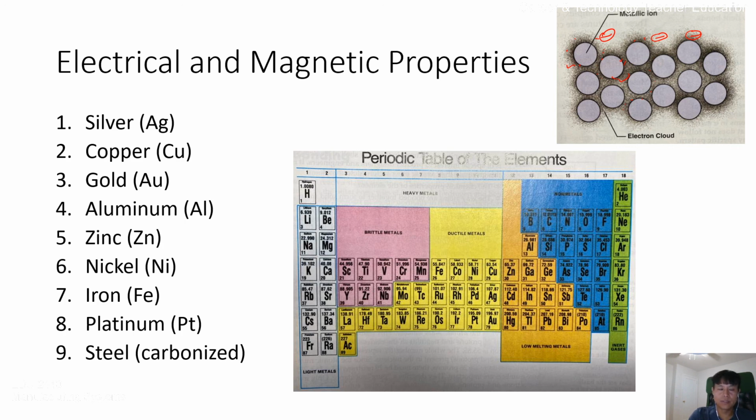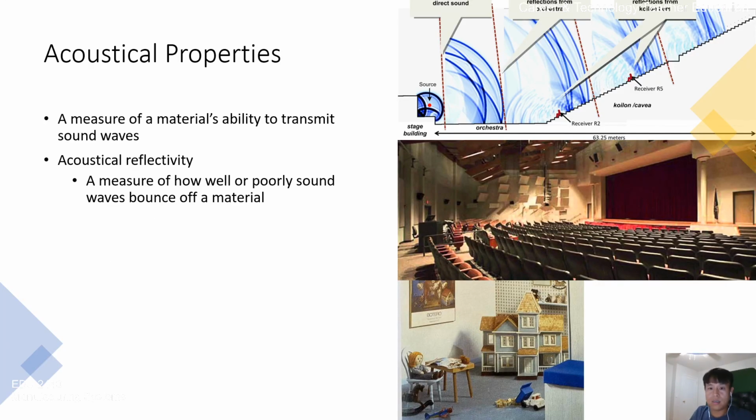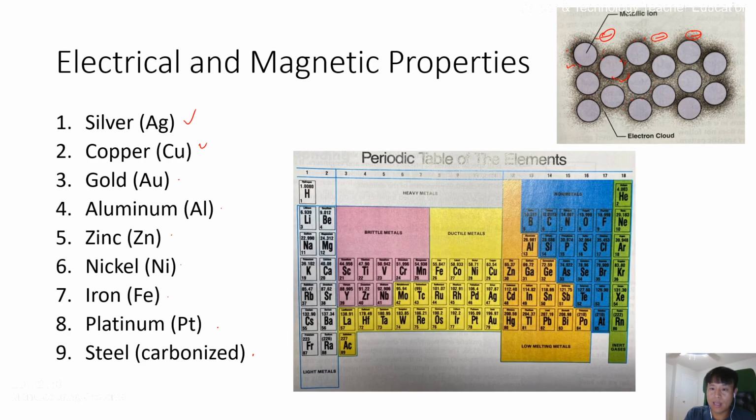So I summarized their order. Silver is the highest one, and then copper, gold, aluminum, zinc, nickel, iron, platinum, and steel. This is their order. And then we can see these elements in the periodic table. So aluminum here, that means it has lots of electrons in its outer shell.